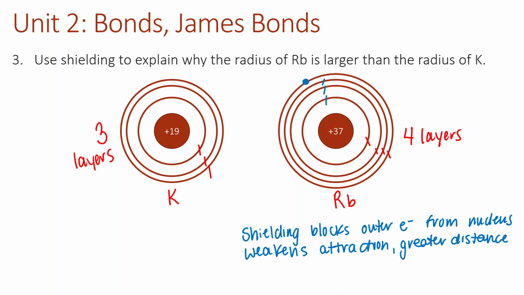So when that attraction is weaker, the radius gets larger. The electrons are not being held as close to the nucleus, so we're getting that larger radius because of the weaker attraction.